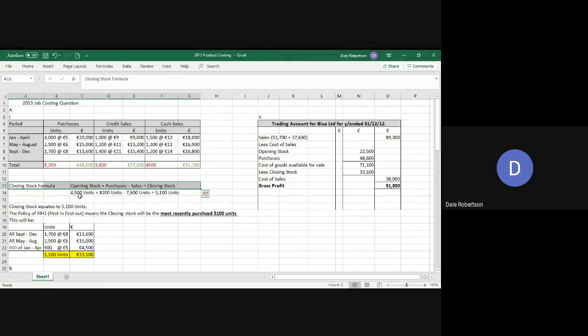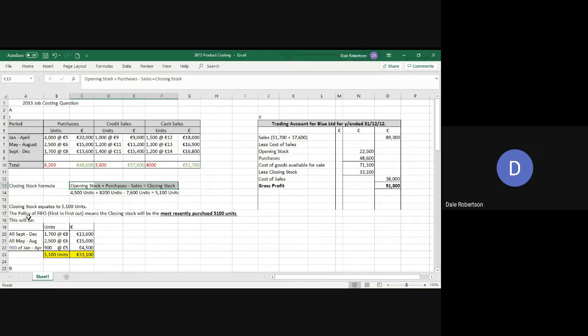So the opening stock is given to you in the question as 4,500 units. You add on the 8,200 that you bought, and you take away 7,600, which is the 3,600 and the 4,000. And that will give you the closing stock of units, which is 5,100 units.